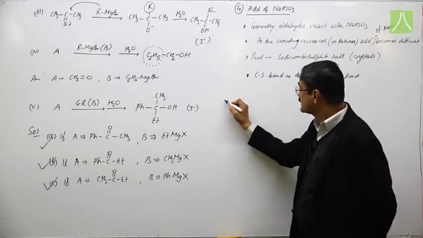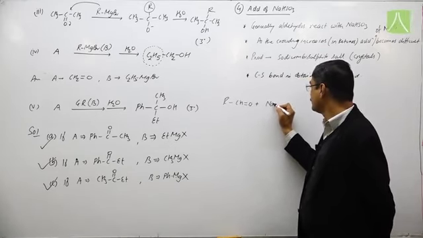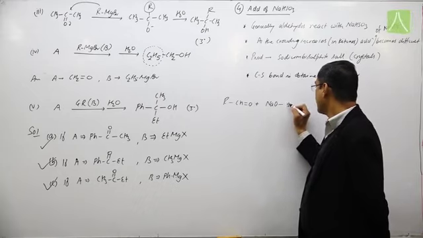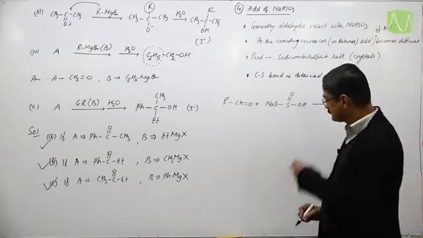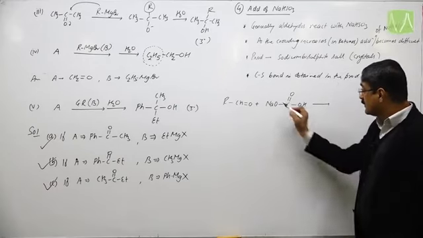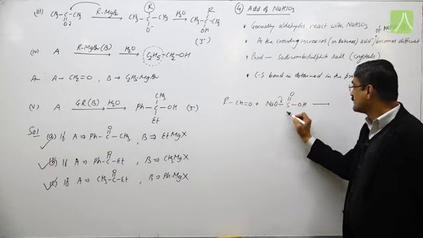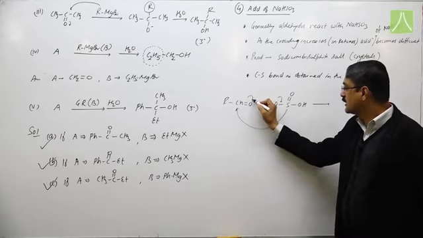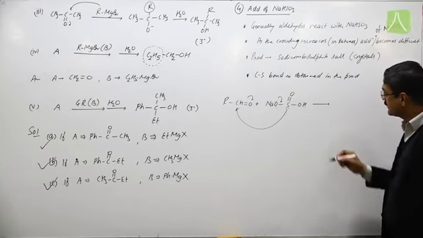So the reaction is like this. Suppose I take any aldehyde RCHO plus sodium bisulfite. Then the sulfur attacks the carbonyl carbon, because sulfur is a good nucleophile compared to oxygen.